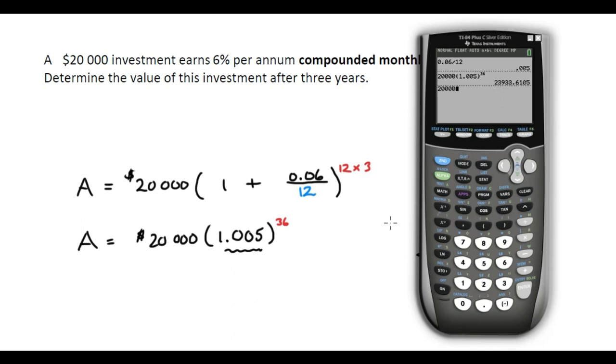So there is 20,000, and I can just say, calc, can you do 1 plus 0.06 divided by 12 for me? And of course it will. Then I have a nice luxury with my calculator here that once I hit the exponent button, it's clear everything in that box is going to be in my exponent.